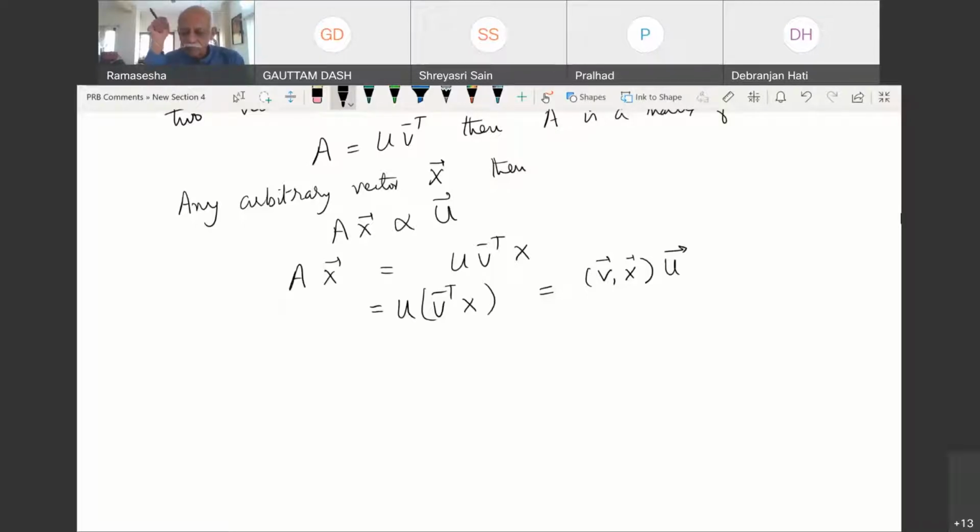Matrix multiplication is associative, so U V bar transpose x is equal to U times V bar transpose x. And V bar transpose x is nothing but the inner product V comma x. So U V bar transpose x is proportional to U. You take any vector x, you always get something proportional to U as the result when A operates on x. This is possible only when A has all rows which are proportional.